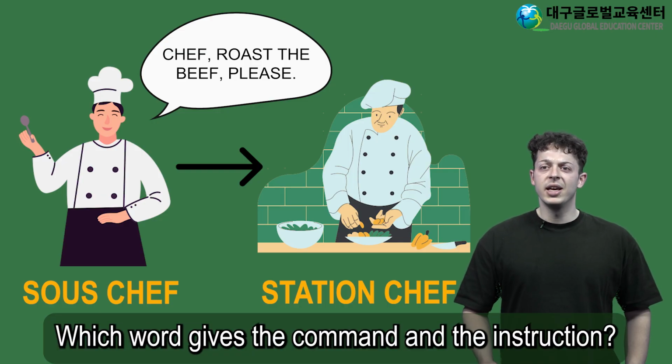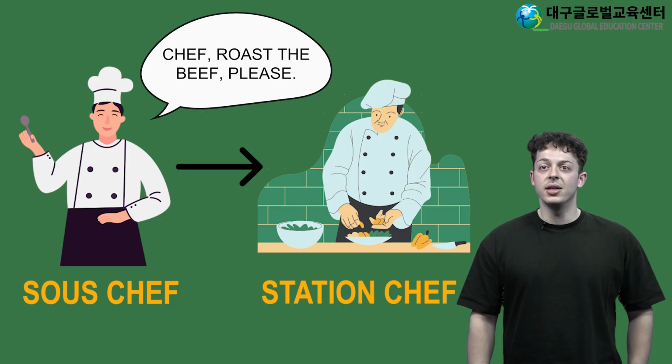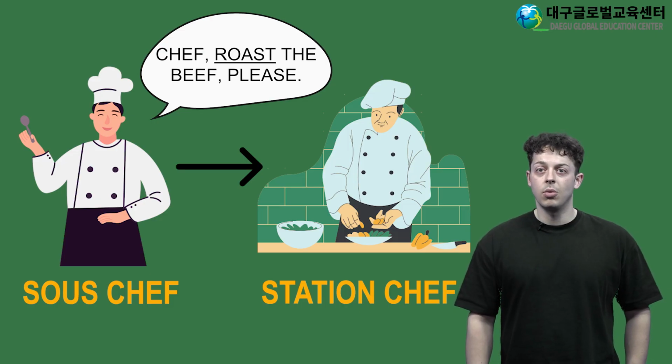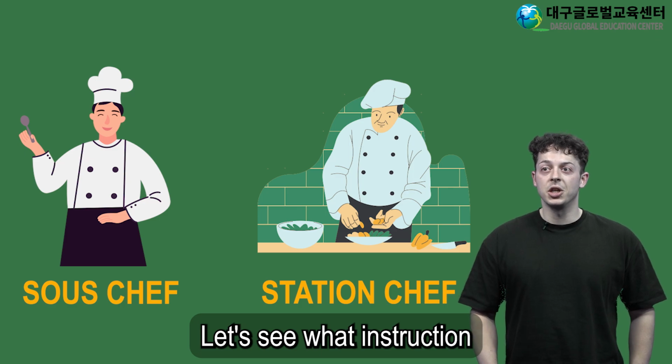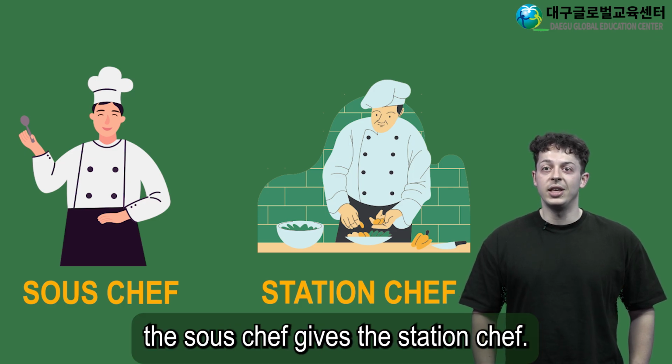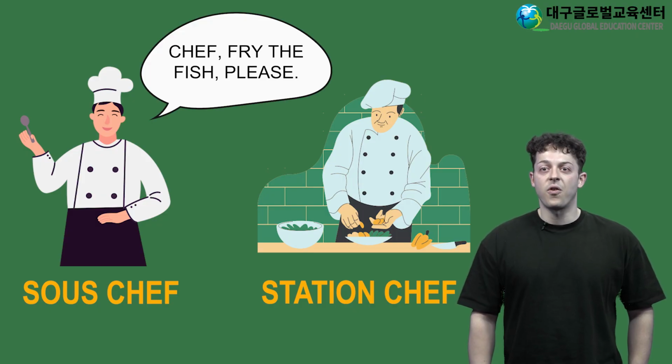Which word gives the command and the instruction? Which word is the verb? The verb is roast. Oh, another order. Let's see what instruction the sous chef gives the station chef. Chef, fry the fish, please.